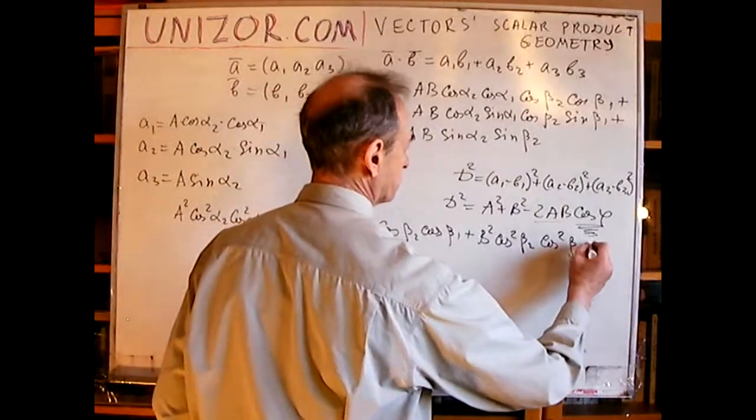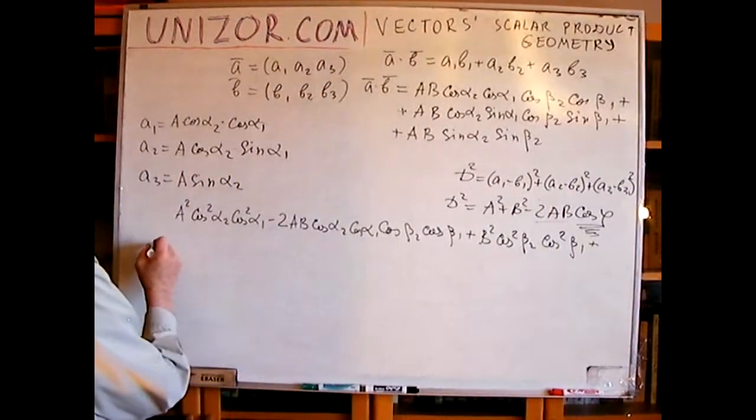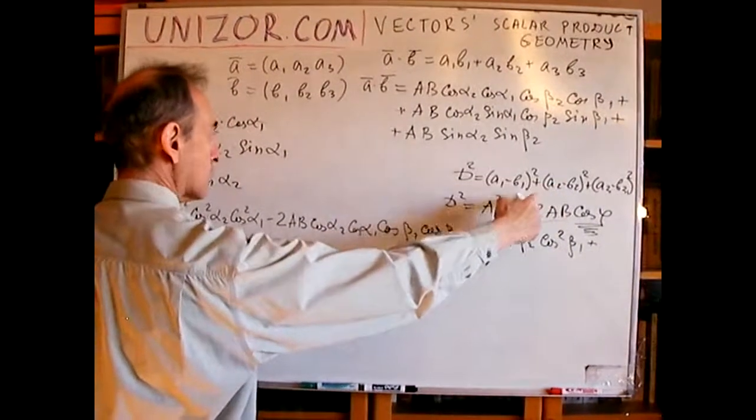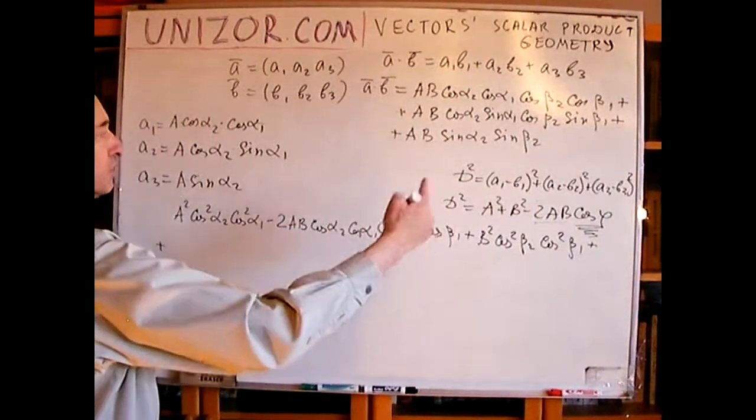Plus. Now, the second one is A2 minus B2 squared, which is A2 squared minus 2 A2 B2 plus B2 squared, right?